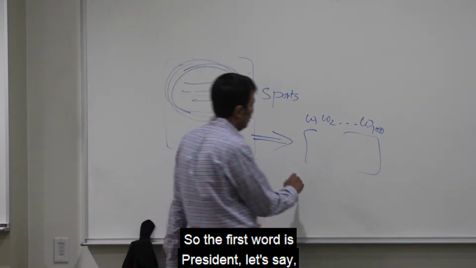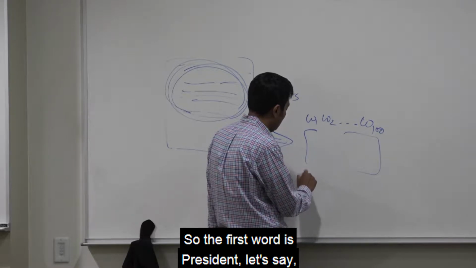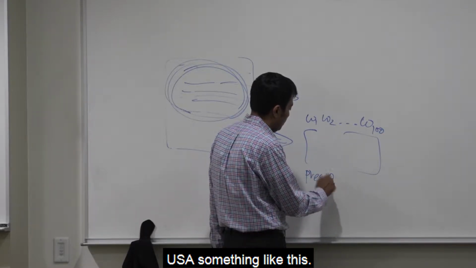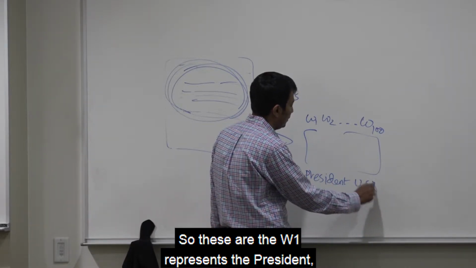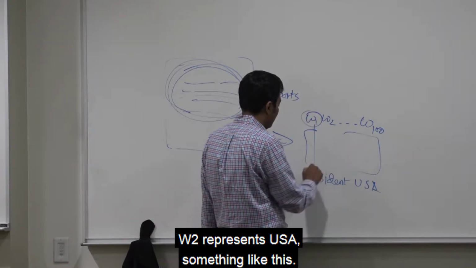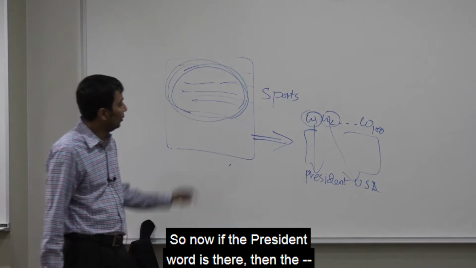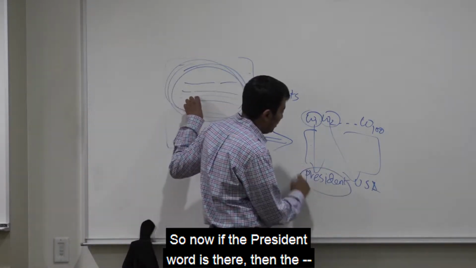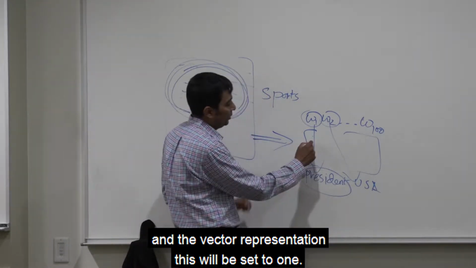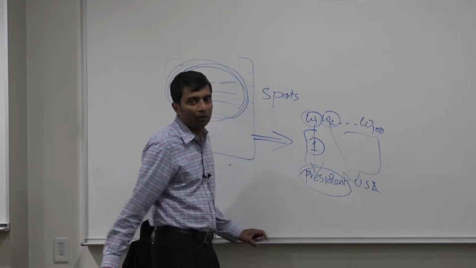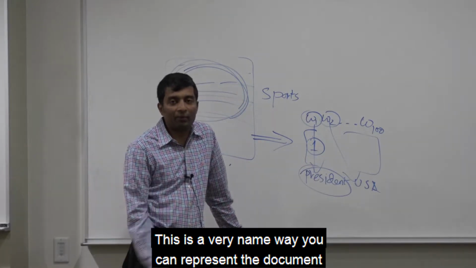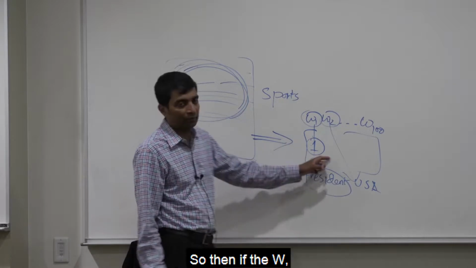So the first word is, let's say, president, and W2 is USA, something like this. So W1 represents president, W2 represents USA. Now if the word president is there, then in the vector representation this will be set to 1, for example. This is a very naive way you can represent the document as a vector.